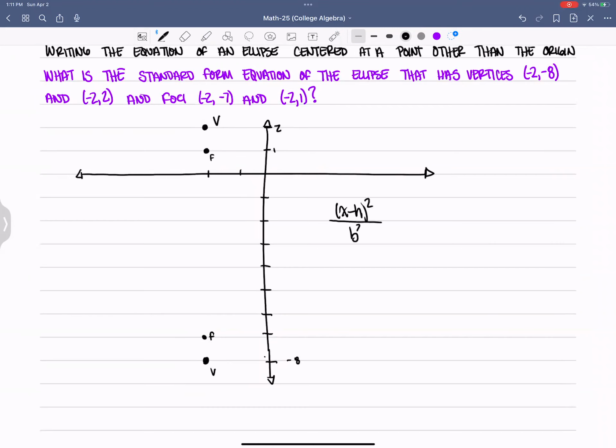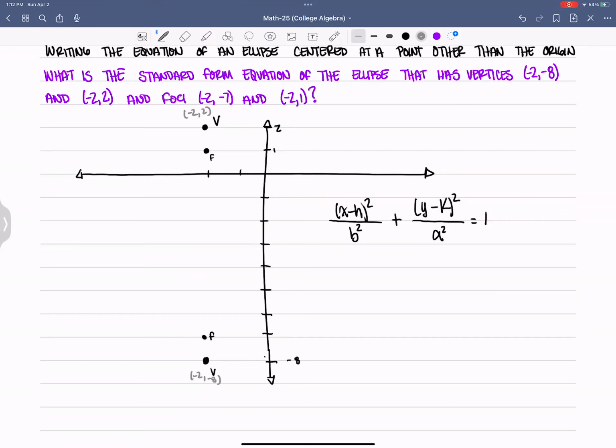So let's find the midpoint between our vertices, which is also the midpoint between our foci. Either one, it's still going to give us the correct values. These points are (-2, -8) and (-2, 2).